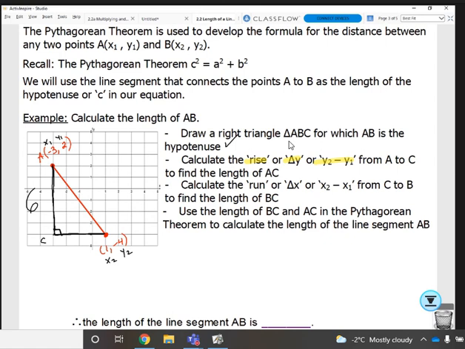Cool? Now for the horizontal change, 1, 2, 3, 4. 4 units. That is the change in x, or the run, or delta x, or x2 minus x1. Whatever it is. It's 4 units.